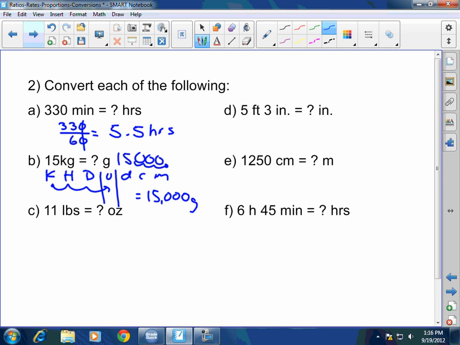Okay. 11 pounds to ounces. How many ounces in a pound, first of all? 16. Am I going large to small or small to large? Large to small. So am I going to multiply or divide? I'm going to multiply. 11 times 16 is 176.